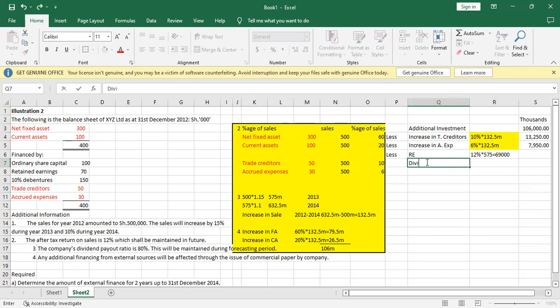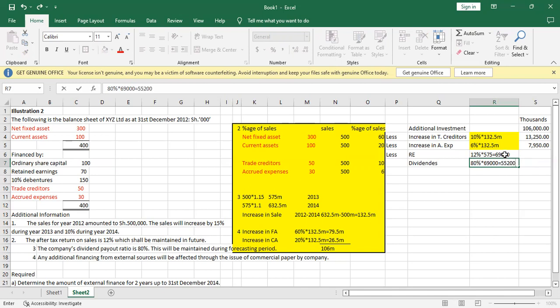So if I subtract the dividends, my dividends are 80%. So we are talking of 80% of the retained earnings, which is 69,000. The figure I'm getting is 55,200.